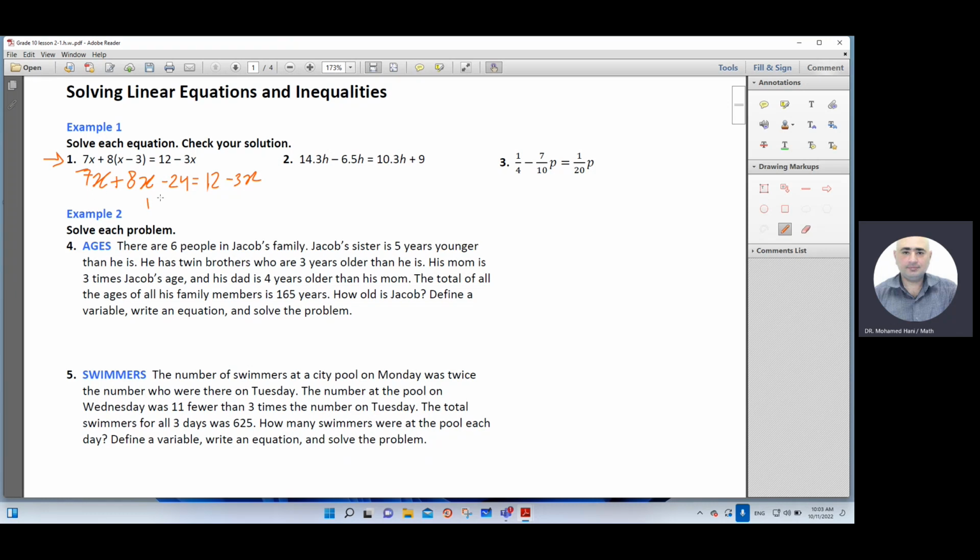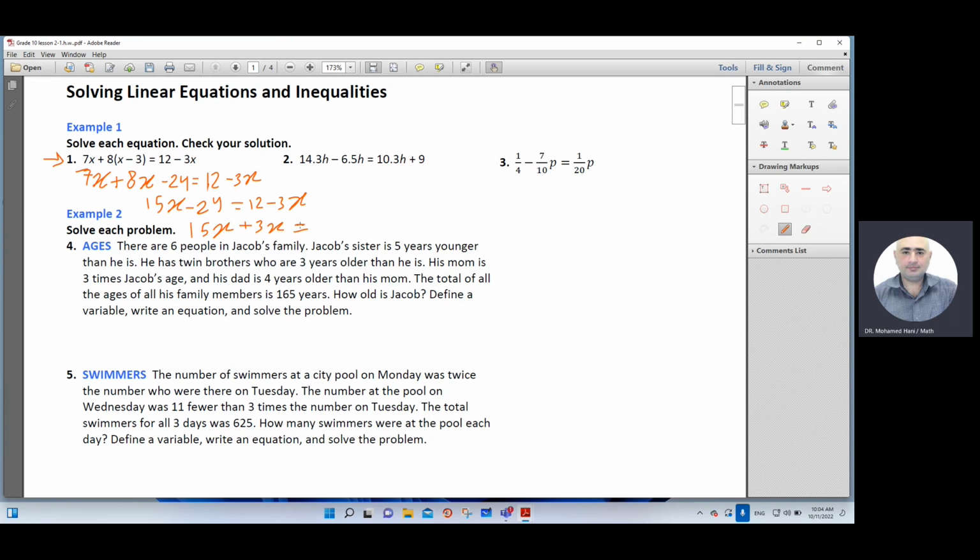Add, it will be 15x minus 24 equals 12 minus 3x. Then you can move the variable to one side. Here we have 15x. And always remember, when you move any term from side to side, switch the sign. So here negative will be positive.